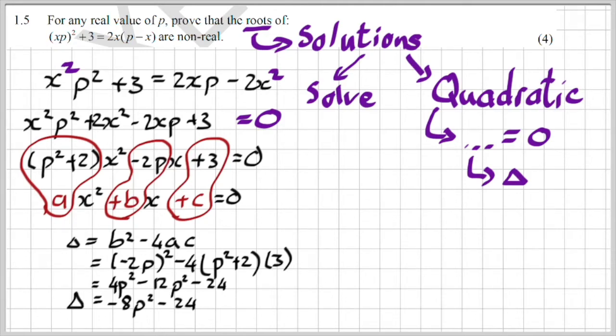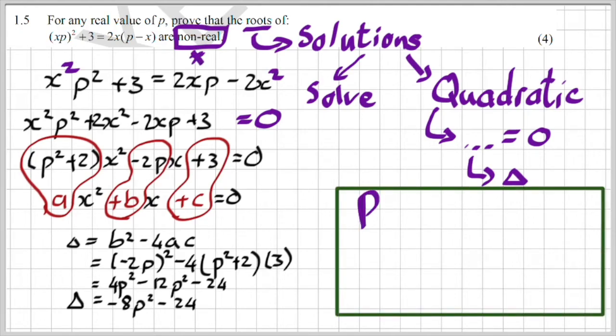It's not 0. It's not something else. It's delta. What are they actually asking me for? Prove that the roots are non-real. In other words, I need to prove that delta is smaller than naught, no matter what real value for p I insert in there.